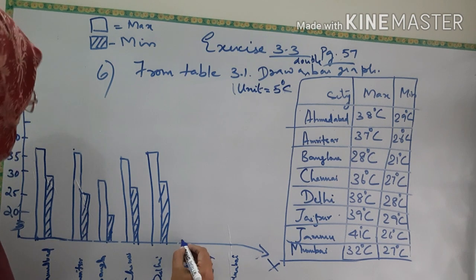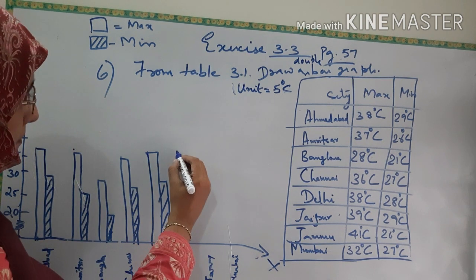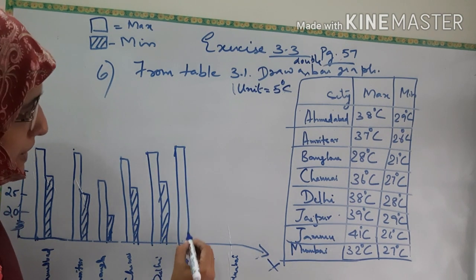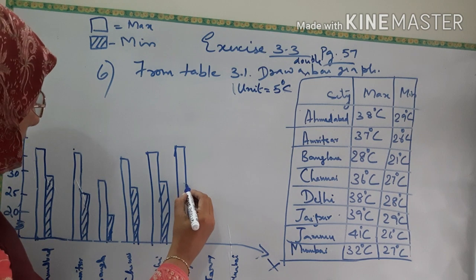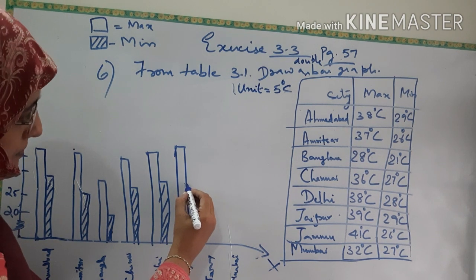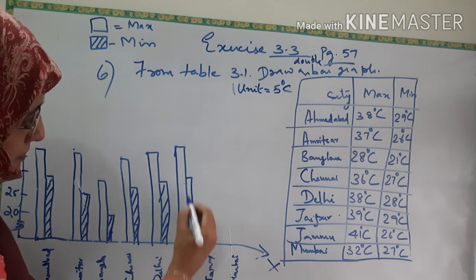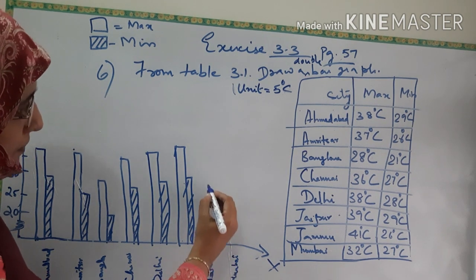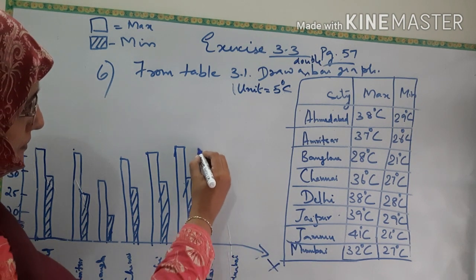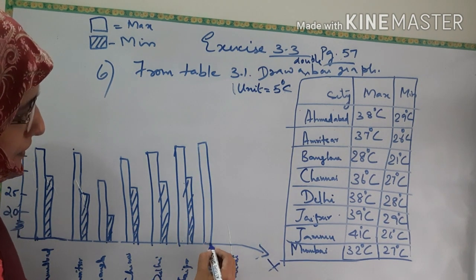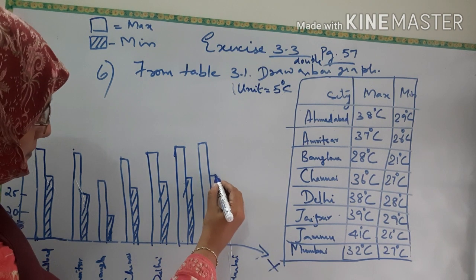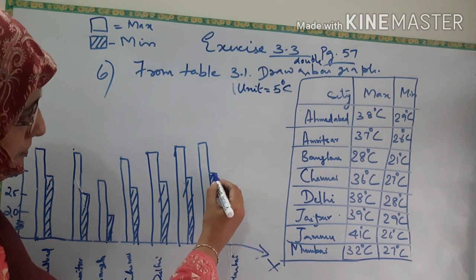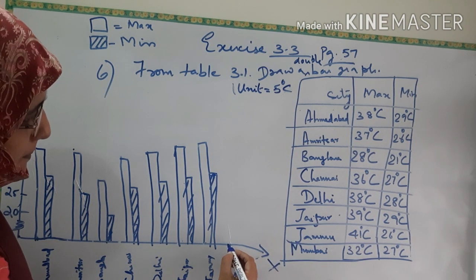Then Jaipur, again maximum it is 39, and minimum it is 29. Then 41, Mumbai.